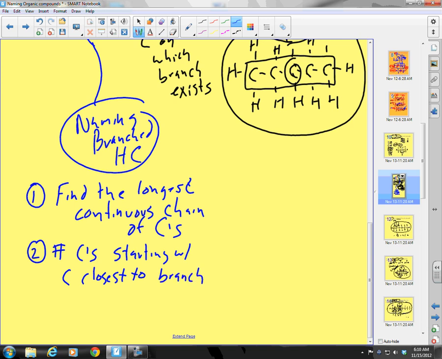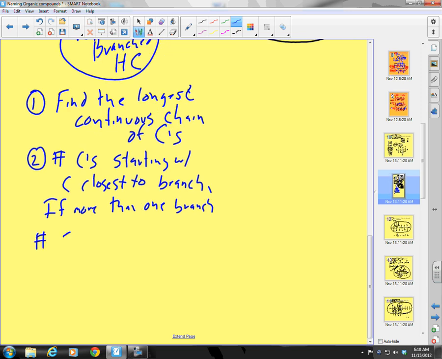If more than one branch, then number so that your total number on the branches is minimized.